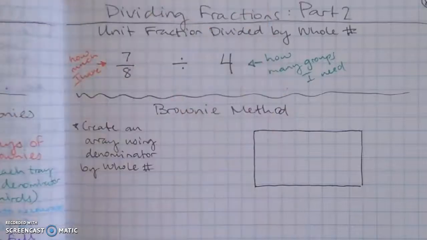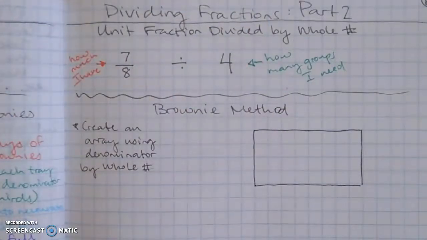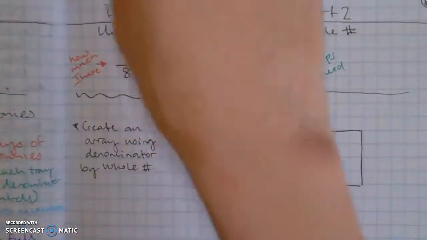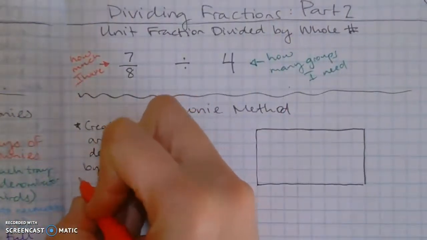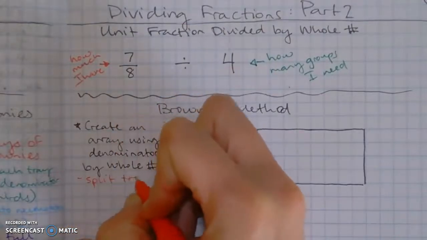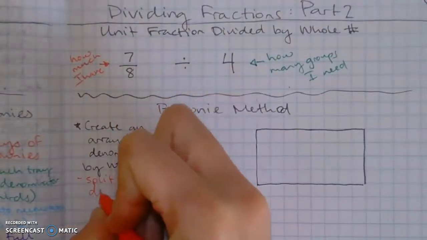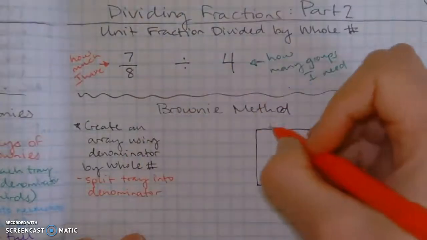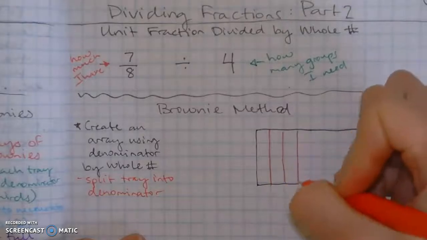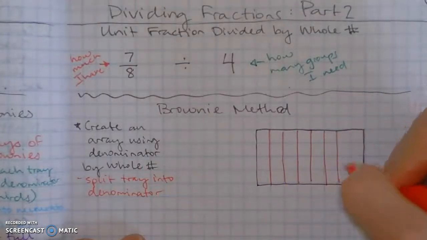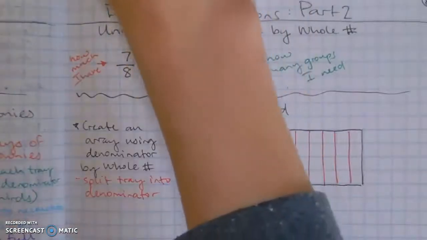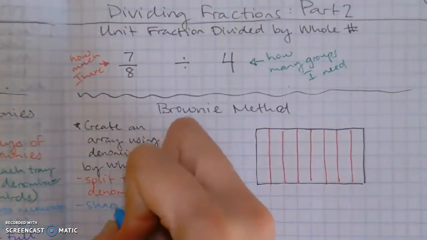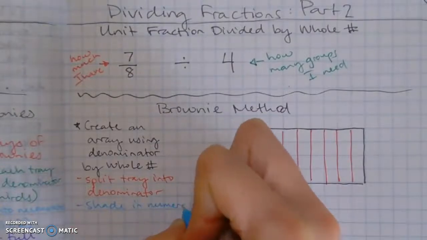So my first step is I'm going to shade in 7/8 of my brownie tray. Okay, so step one is going to be to split tray into denominator. Okay, so I'm going to be splitting it into 8 right there. 1, 2, 3, 4, 5, 6, 7, and 8. Okay, my next step is I'm going to just shade in numerator.